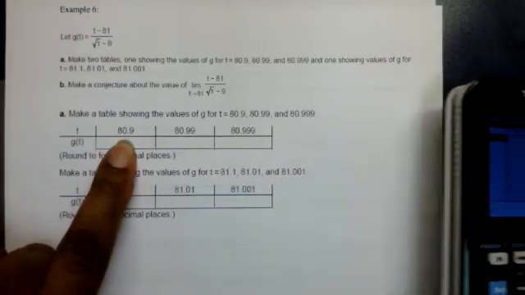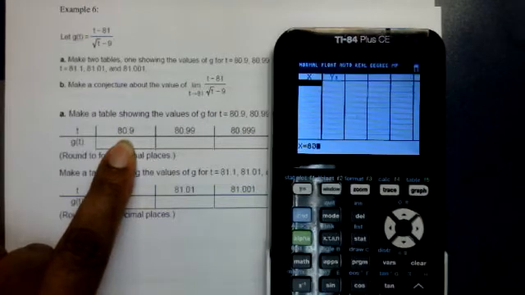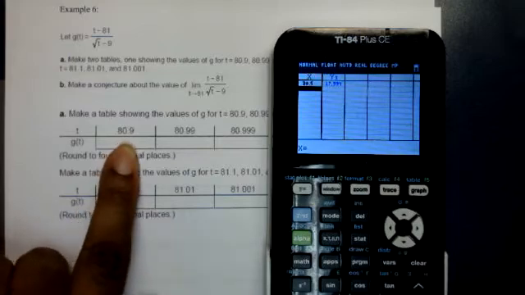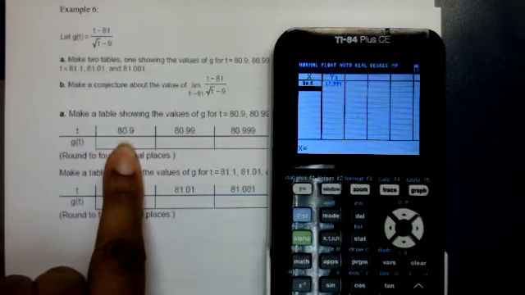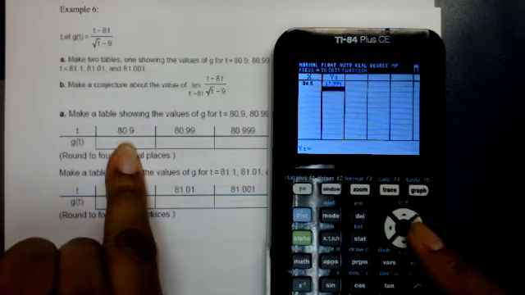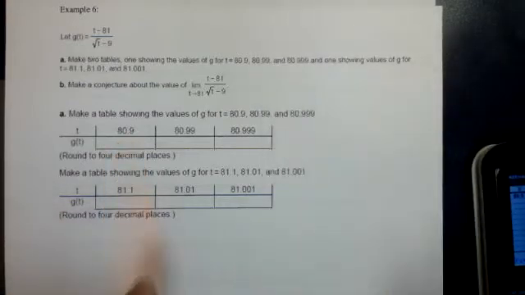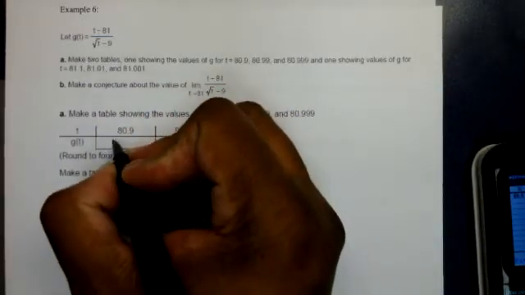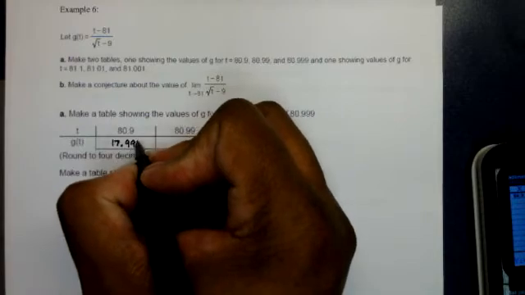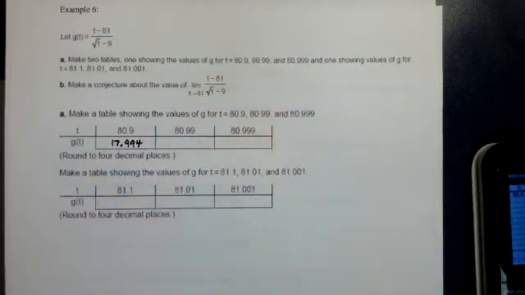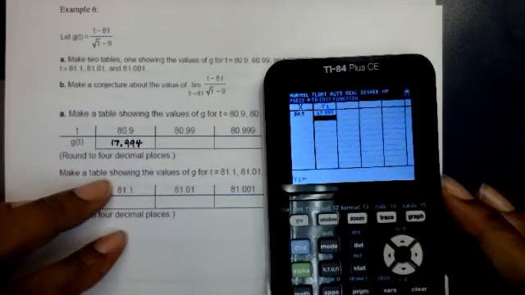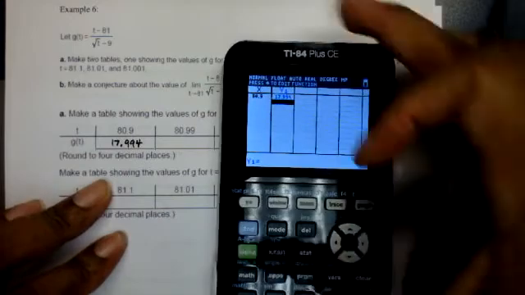Okay, and in the first column for my x's, I'm going to enter these numbers. In this case, for x equal to 80.9, it will be 17.994. And I think they want this to 4 decimal places.